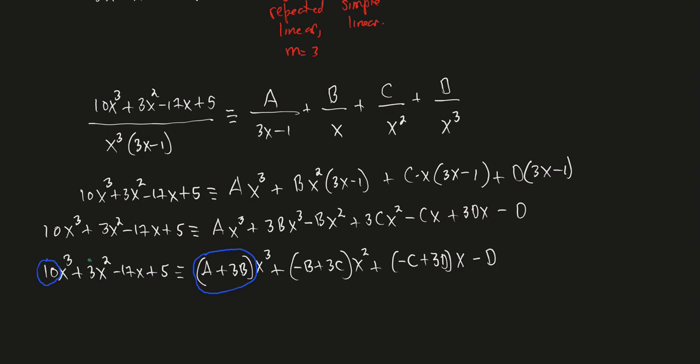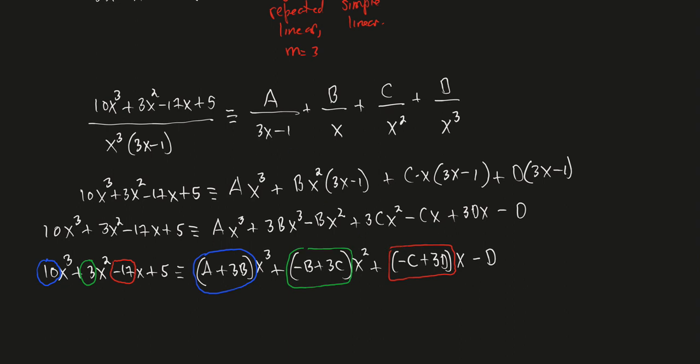So the coefficient of x squared is 3. The coefficient of x squared on this side is a negative b plus 3c. Those are going to be equal. The coefficient of x on this side, we can't forget the negative, so it's negative 17. That's going to be equal to the negative c plus 3d.